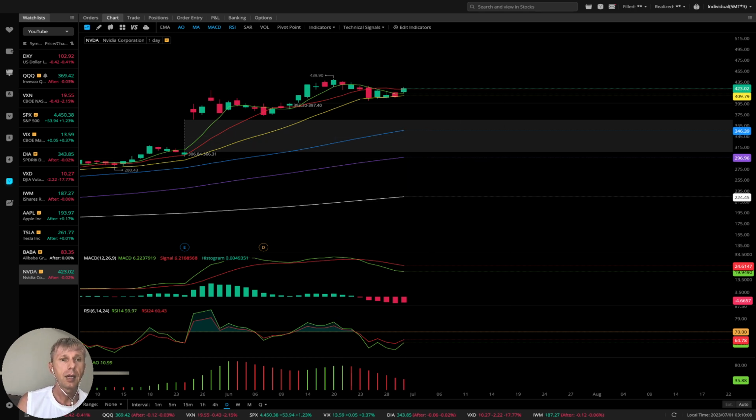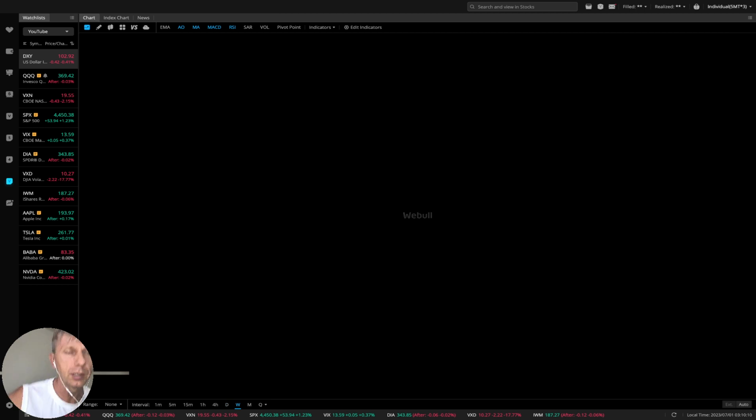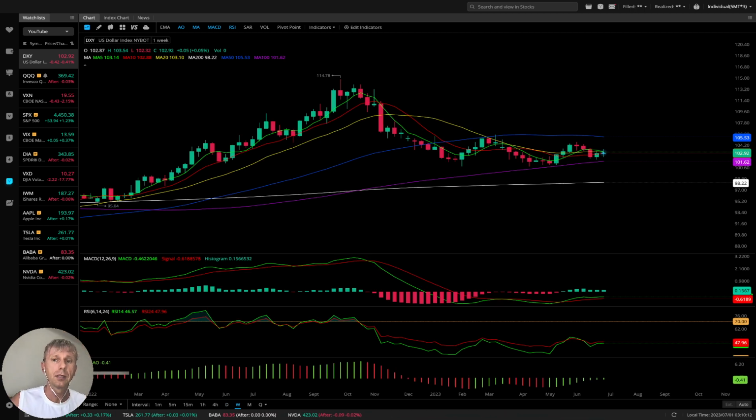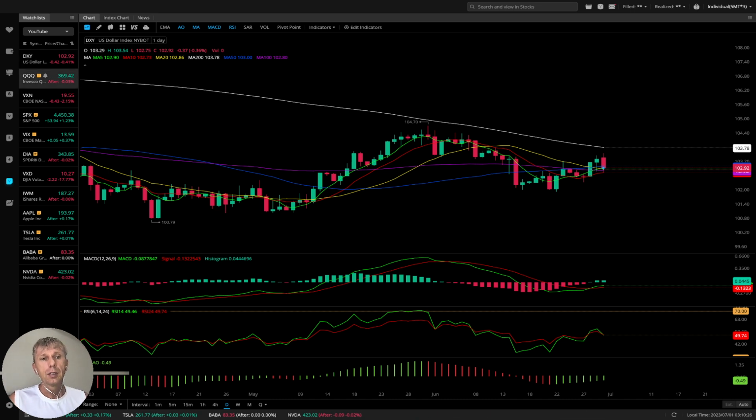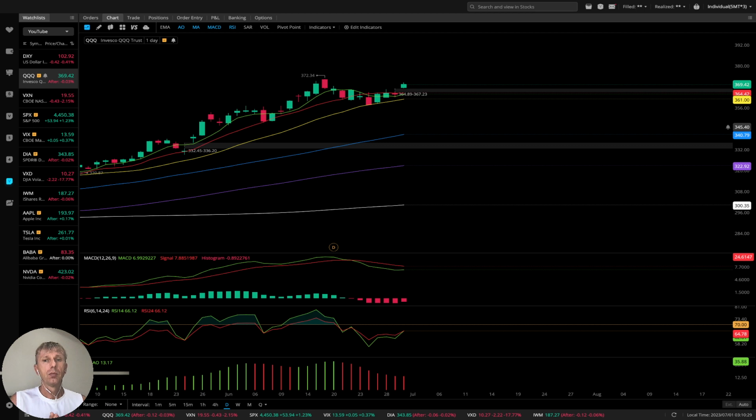That's all. Let's do summary. Like I mentioned, dollar is still fighting between bull and bear. It's not confirmed yet. On the daily, it's kind of fighting for the bull run. It's a bullish crossover. I believe it will go bullish. All indexes still powerful, still bullish on weekly time frame.